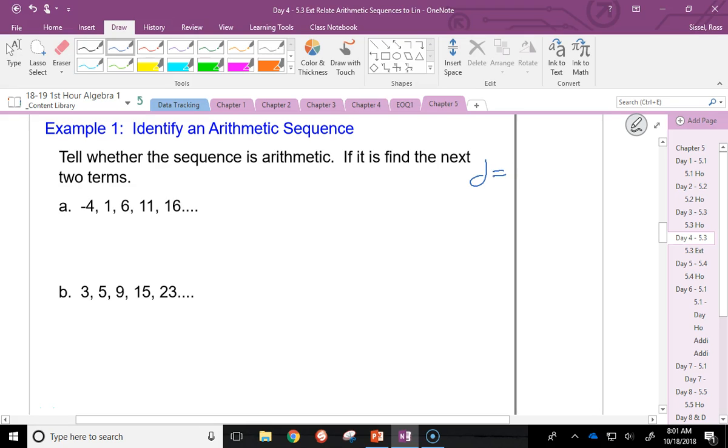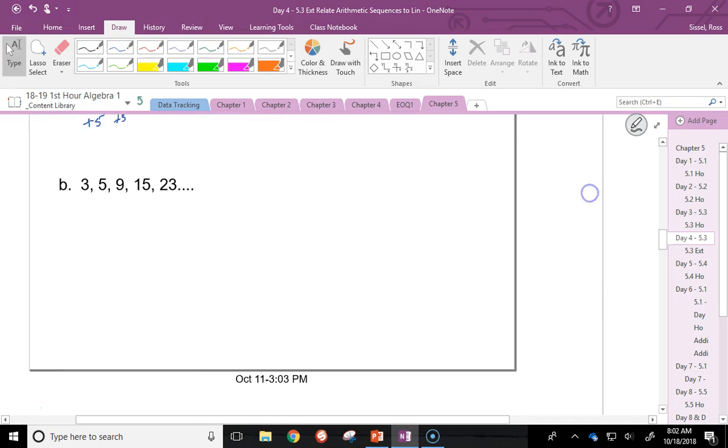Plus 5. Okay, so we're going to be adding 5. So negative 4 plus 5 is 1. Plus 5 is 6. 6 plus 5 is 11, and so on. So what are my next 2 terms then? 21 and 26. Pretty good. How about for B?